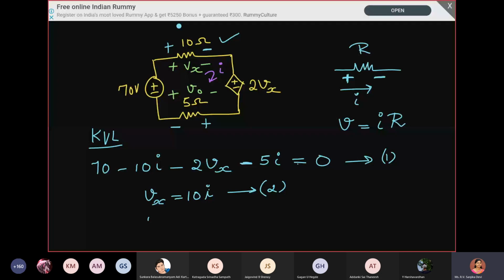Because for the 5 ohm resistor, the voltage drop as per the convention we are taking and what they have given are opposite, right? V0 is equal to minus 5I. Whereas for Vx, the polarity they have given and our polarity are the same. Are you able to understand now?